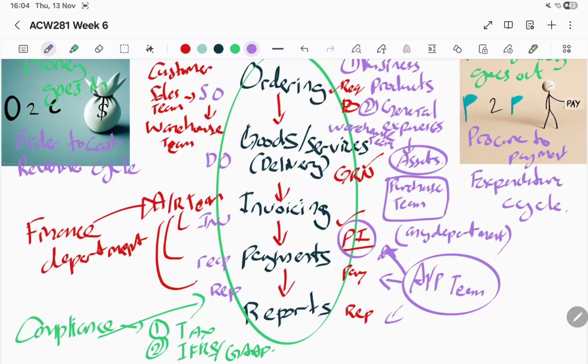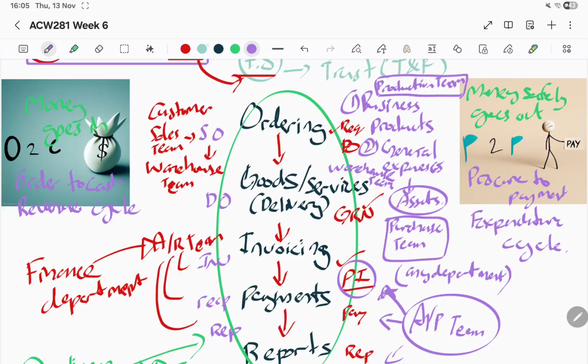And you have to pay. And if you pay this invoice, it means you will cancel off the invoice. But what is the danger that I'm trying to tell you over here? The danger is the money might go out to a wrong person. So this purchase invoice must be highly regulated.